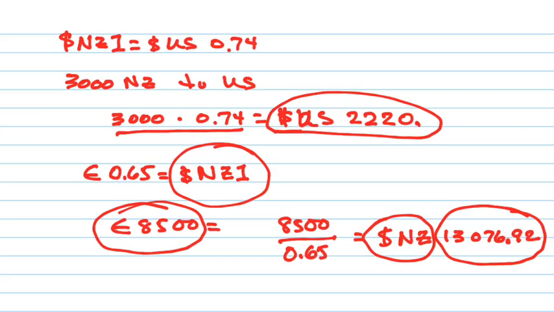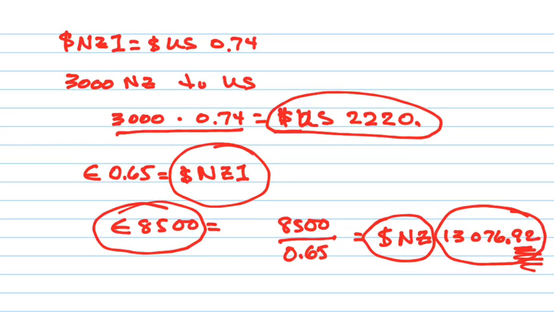Nearest 0 at the end, the nearest 10 cents. But we're talking about the actual dollar amount, so we'll use the pennies, the cents. So make sure that you round to the nearest cent, not zeros. Okay?